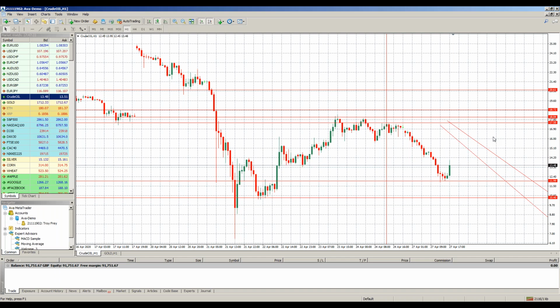So if oil comes up to opportunistic spots, if you have a sell limit just below 18, you don't have to risk much to get above the resistance and you have a large potential profit if it drops. If it breaks that and hits your stop loss, okay, no big deal. You got another sell limit up near 20. If it hits that and activates and it breaks through, no big deal.